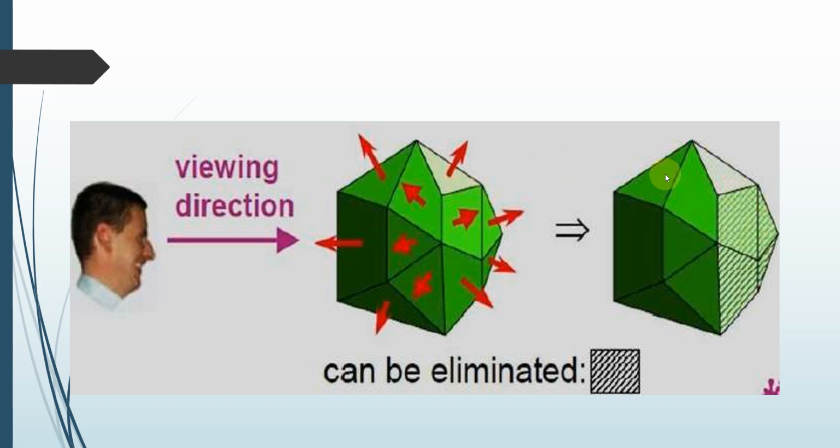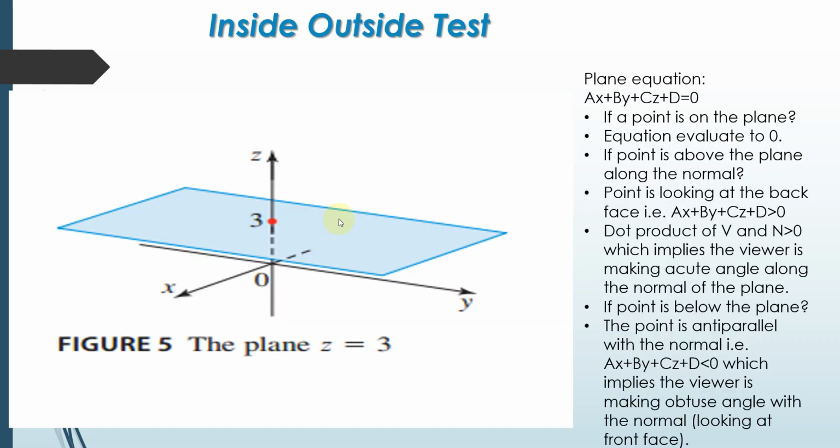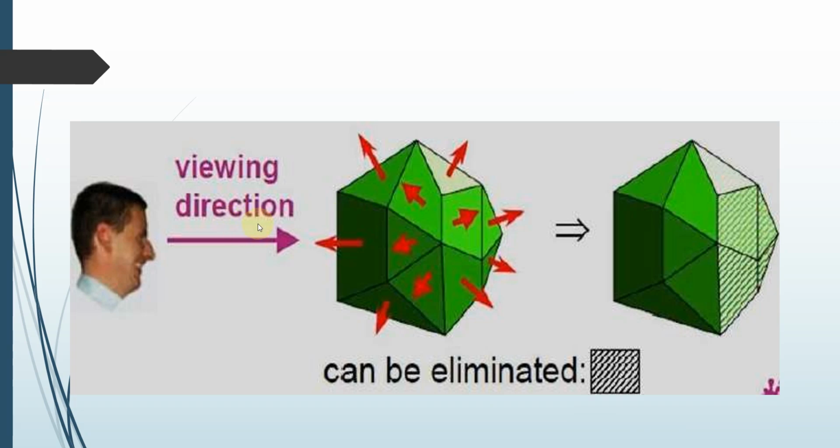So we can see this plane surface as well, and similarly this face and this face, all these faces make an obtuse angle between the viewer's vector and the normal of the plane. So their dot product must be less than 0 to say that these faces are front faces.